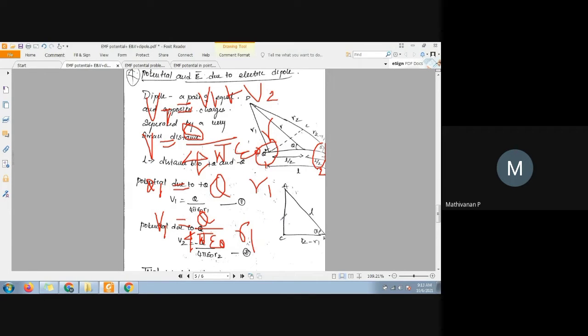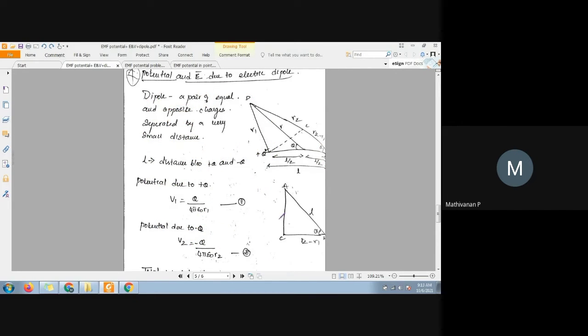What will be your V2? Can anyone tell me? In order to find V2, this is for the second charge, that is going to be Q2. So my second charge is nothing but a negative charge Q, and the distance from point P to that Q2 is nothing but R2. So what will be your potential V2?